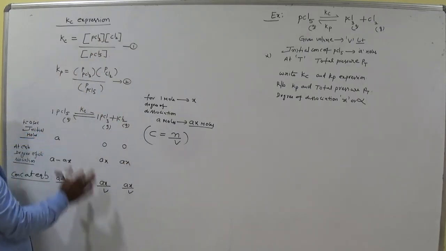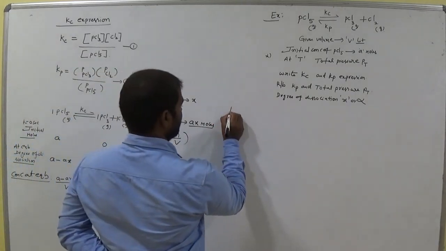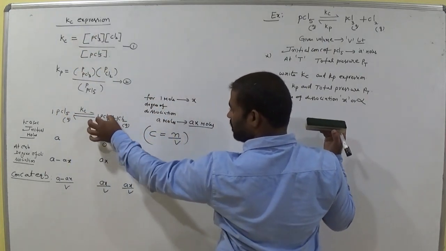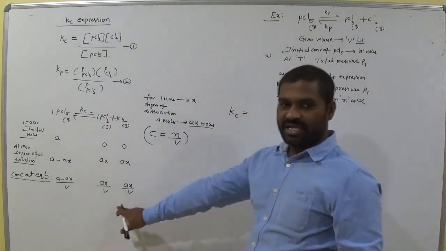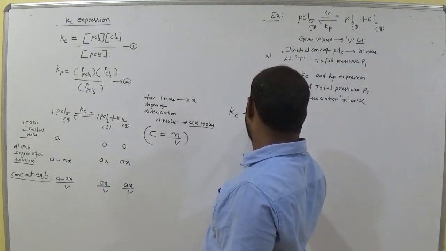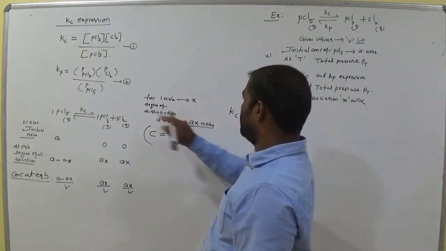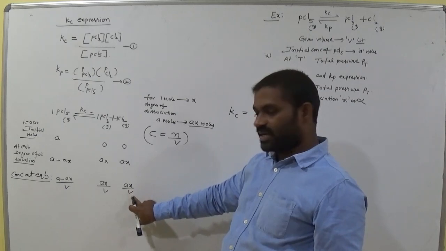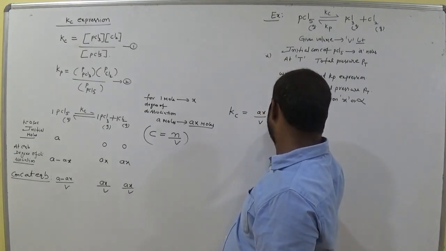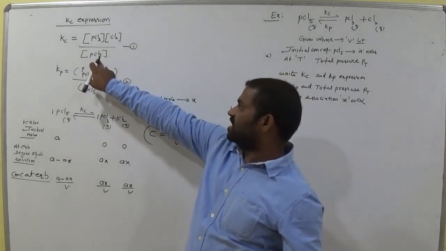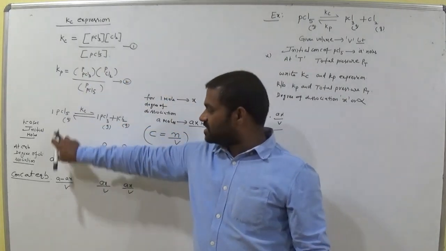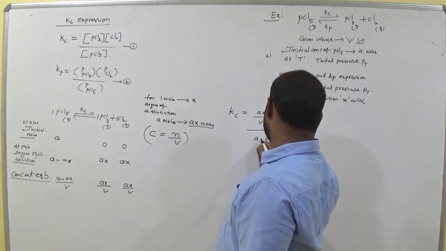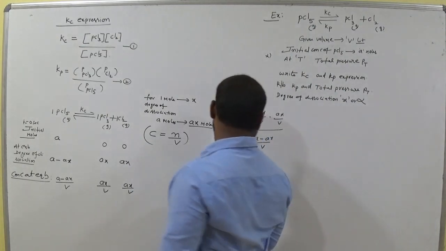Now we have these terms already. So now write Kc for this one. Kc is equal to the molar concentration of PCl3, Ax by V, into the molar concentration of Cl2, Ax by V, divided by the molar concentration of PCl5, which is A minus Ax by V. Is it clear, all of you?